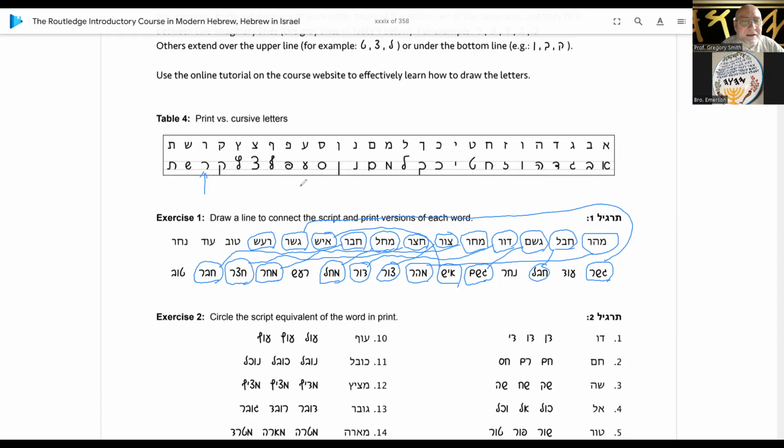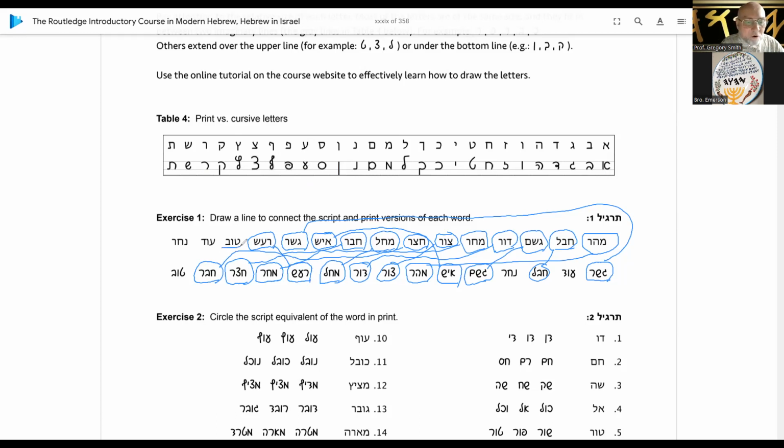And then the ayin is totally foreign to me in Hebrew cursive. But at least we've got the resh here, so we can figure it out. I bet it's going to be this one right there. Ra'ash, noise. And we're going to put a line between them and connect them.